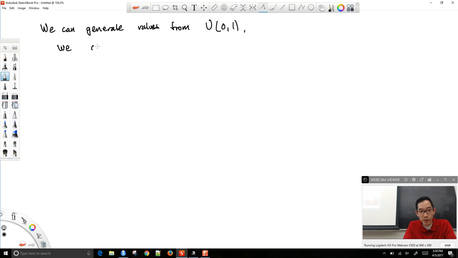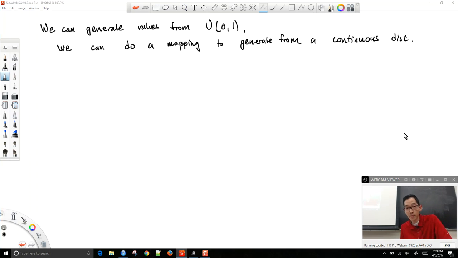And we can do a similar mapping to generate from a continuous distribution. All right, our favorite continuous distribution is the normal distribution, but it's hard, and that'll get its own separate lecture Friday. But let's say we're dealing with the exponential distribution. Okay, do you guys remember the exponential? What's the exponential distribution?